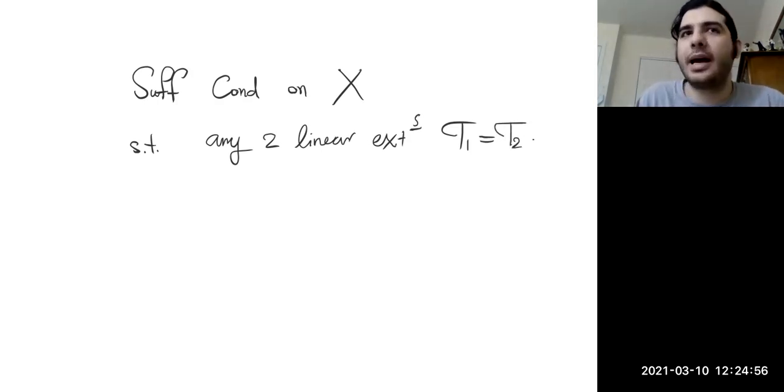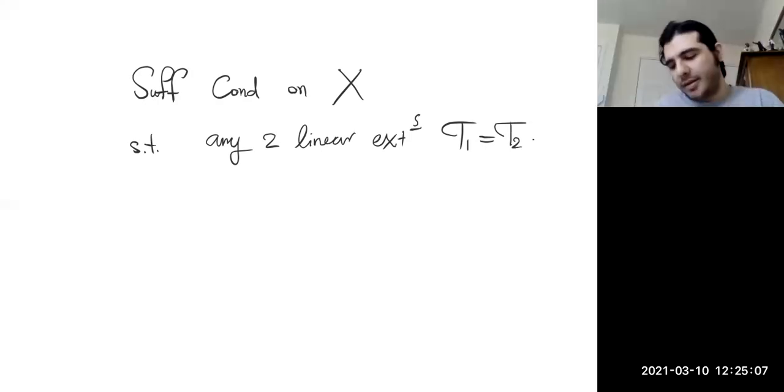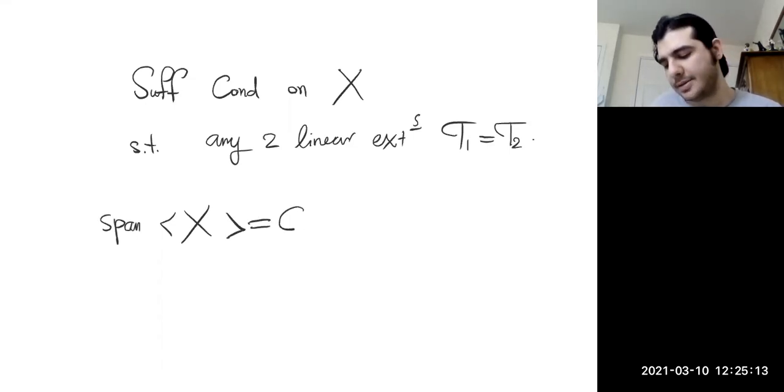What is the answer to that part? Does anyone know? X should span the entire input space. That is correct, yeah. The span of X should be all of Cn.